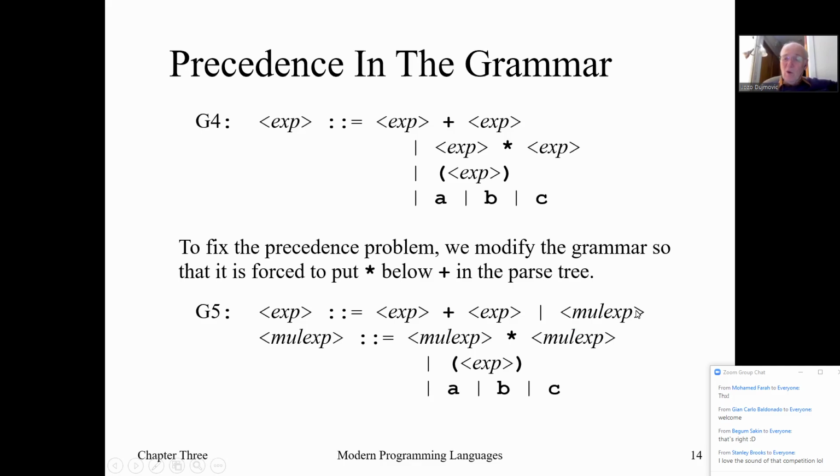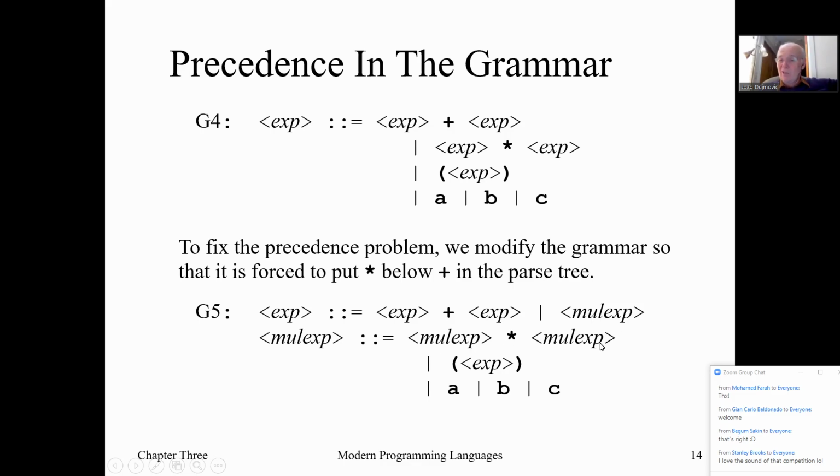If you do it that way, then the lowest priority operations have to be at the beginning. So additions and subtractions should be here, and then multiplication comes in the next line. Subsequently, multiplication expression is multiplication expression times multiplication expression.